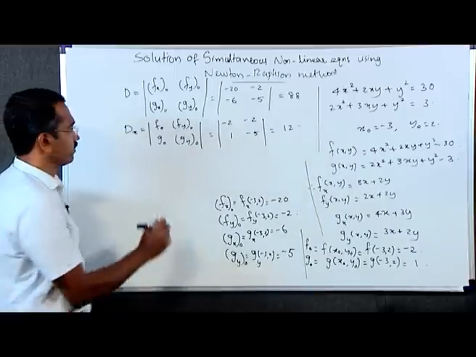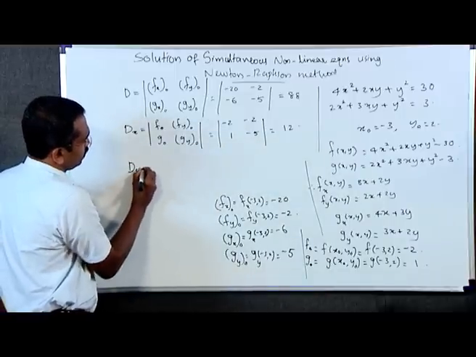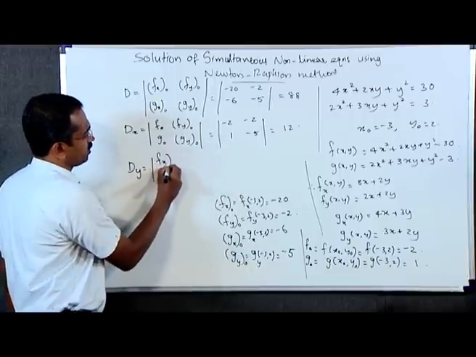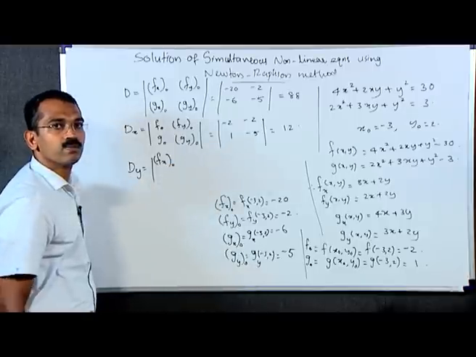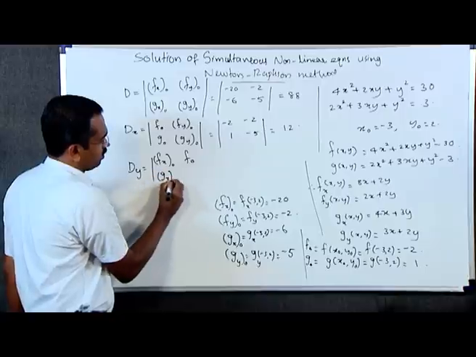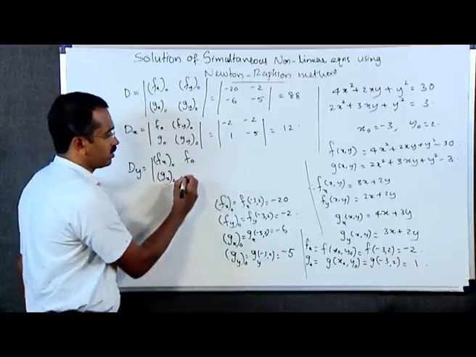And Dy is equal to the determinant of fx naught, f naught, gx naught and g naught.